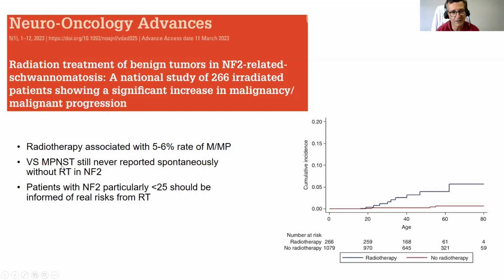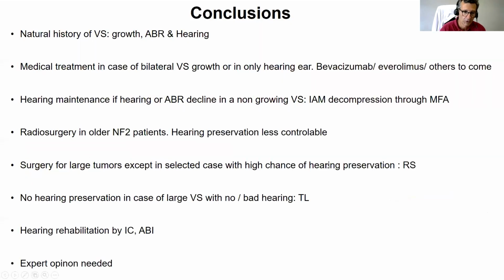Spontaneous malignant nerve sheath tumor, MPNST, on the vestibular schwannoma was not published without radiotherapy. So I think this is particularly true for the young NF2 patient. The risk of malignancy should be discussed with the patient.